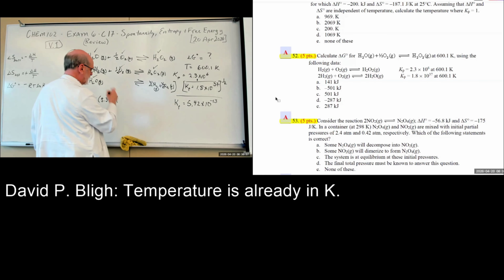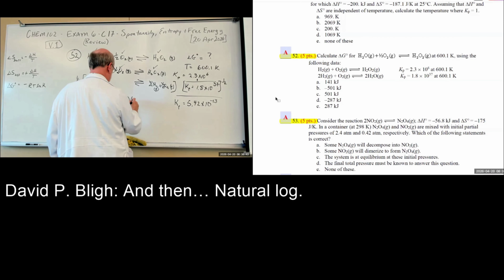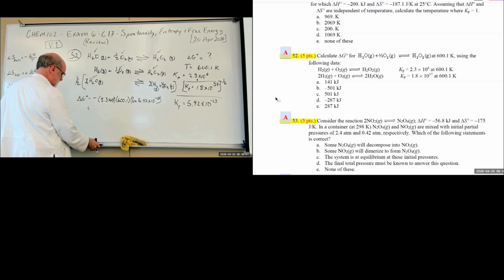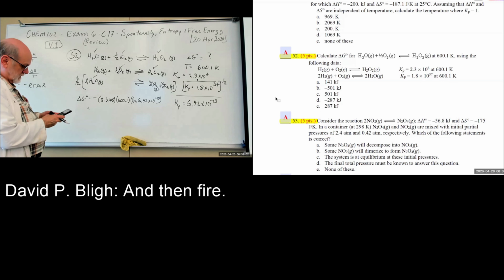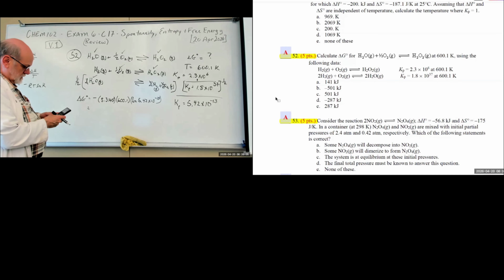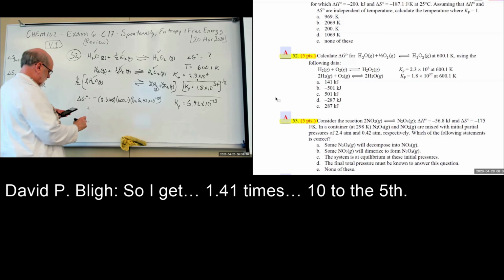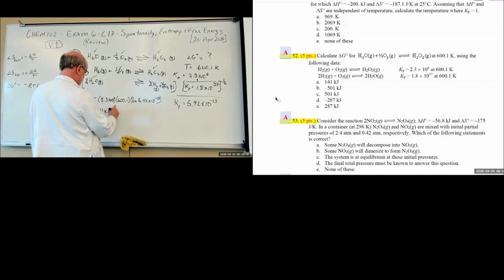Temperature is already in K. And then natural log of 5.42 times 10 to the minus 13. There we go. And then take natural log times. So I get 1.41 times 10 to the 5th.